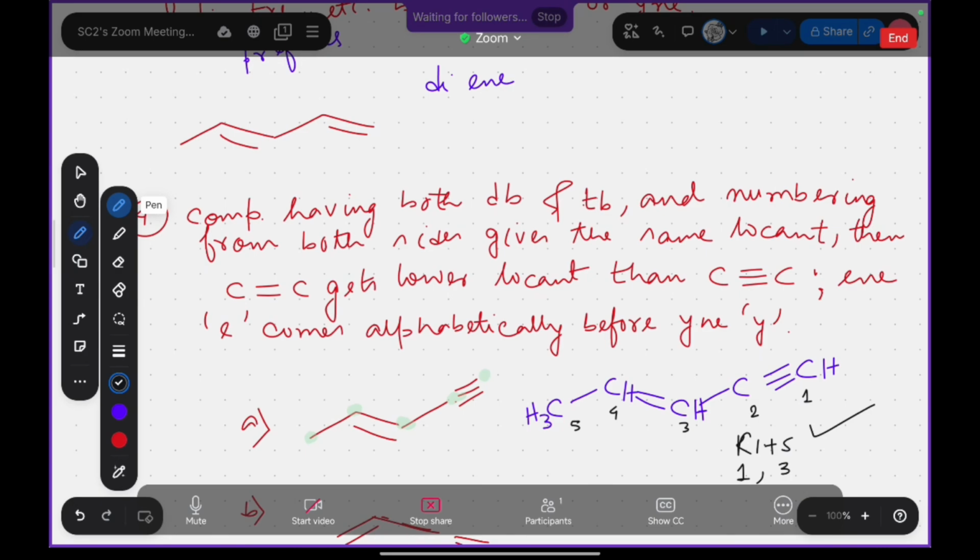Side chain with the locant. We are not having any side chain here. After the side chain, we move to the cyclo. We are not having any cyclic ring here. It is a simple aliphatic chain. No cyclo, so the cyclo word will be erased.